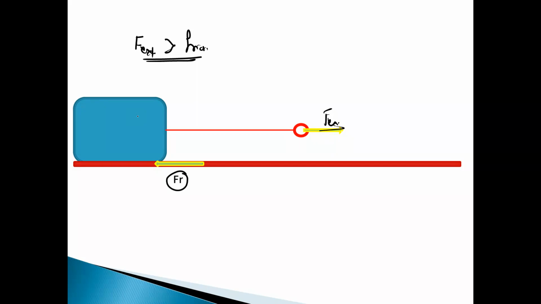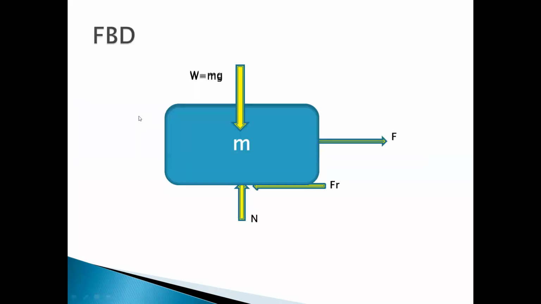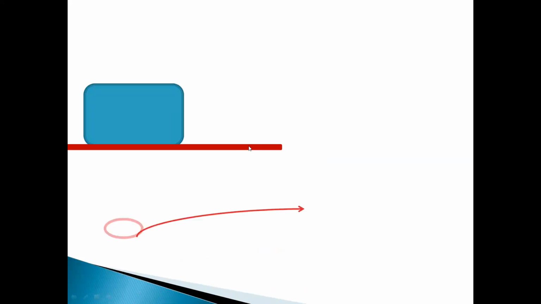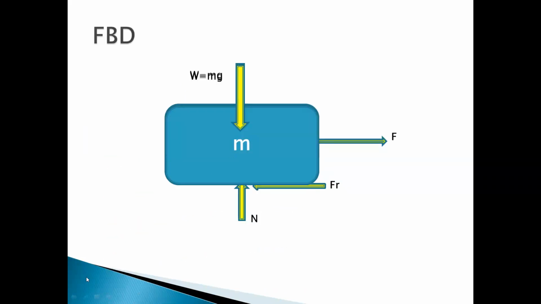Now we can see how to draw the free body diagram for the same object. In the free body diagram, you will have the first force, which is the force due to gravity. If the object is having the mass m, then the corresponding force will be mg. This is the weight force, acting in the downward direction.